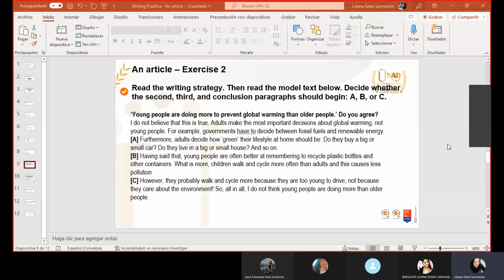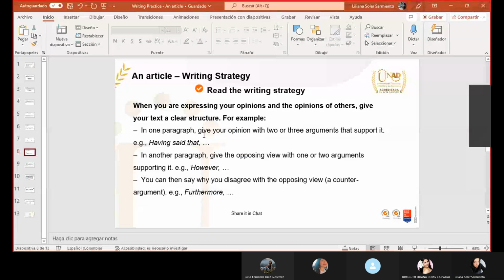I think the continuation is the letter B, having said that. Yes, exactly. If you check the writing strategy, having said that is used to give your opinion with the support.